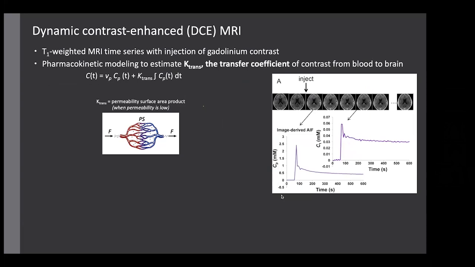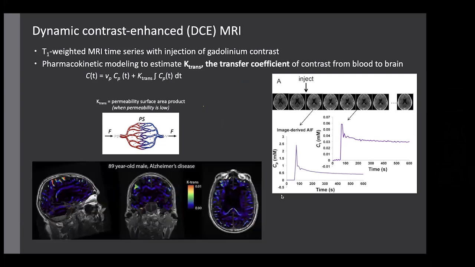And briefly, this involves a series of T1 weighted MRI scans, or just structural scans, paired with the injection of a contrast agent. And this allows us to measure something called K-trans, which is the transfer coefficient of that contrast agent from the blood into the extravascular brain tissue. And this is our measure of permeability.